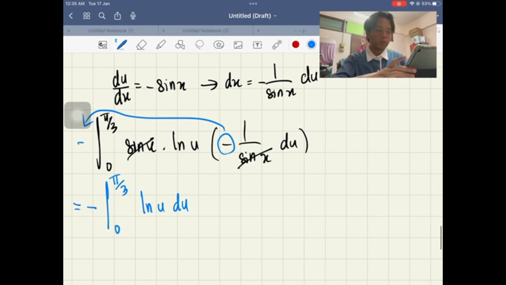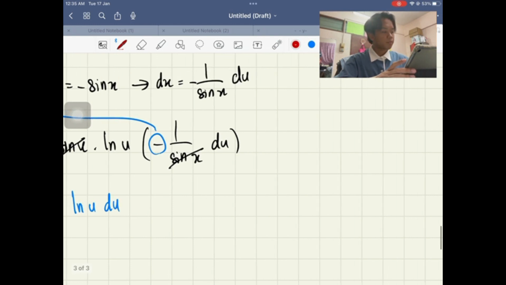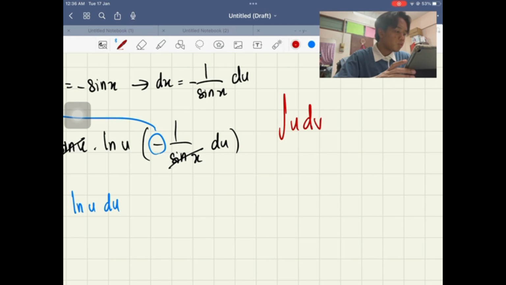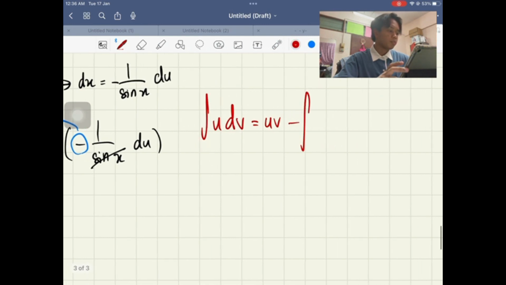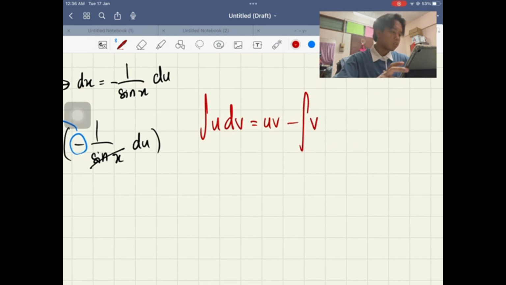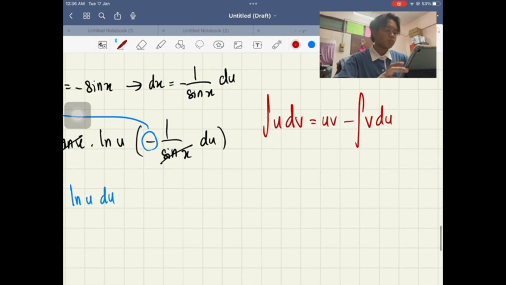So here we can continue with integration by parts. So the integration by parts formula is this one: integrate u dv equal to uv minus integrate v du.